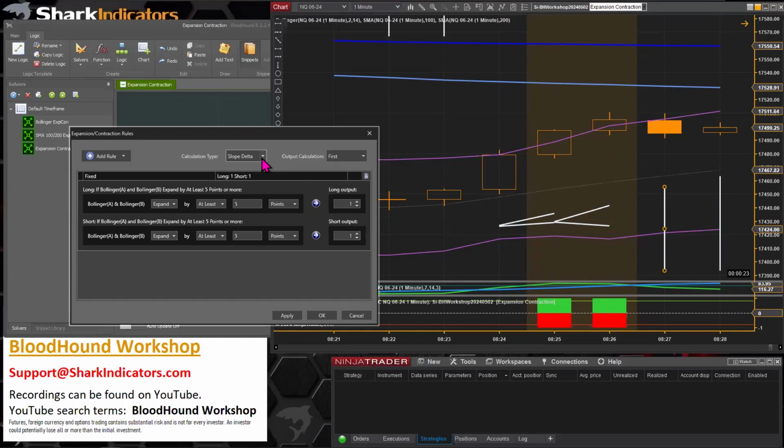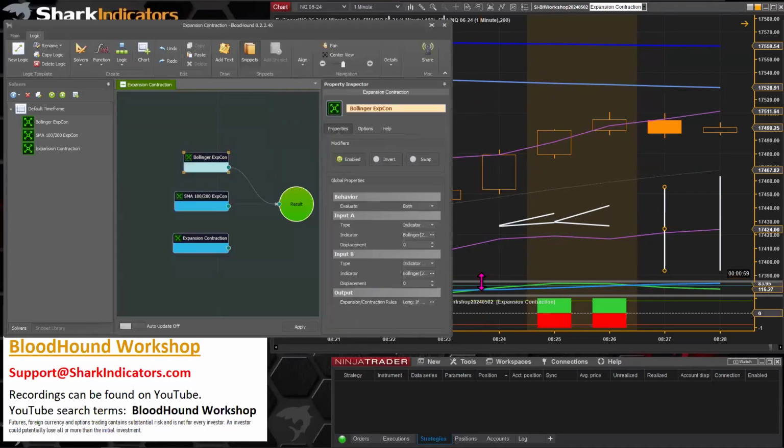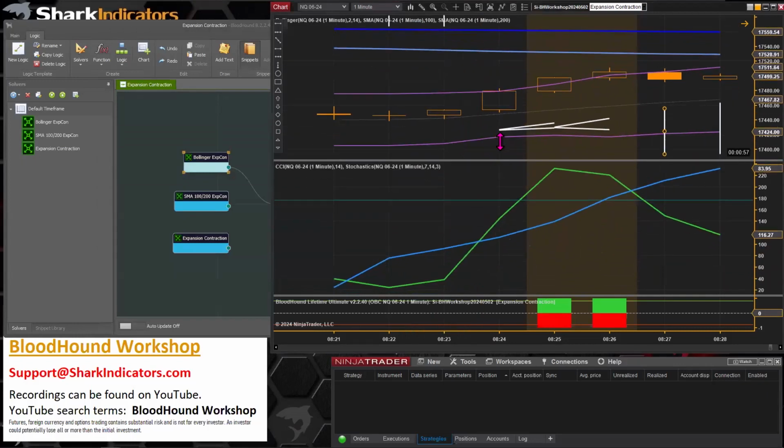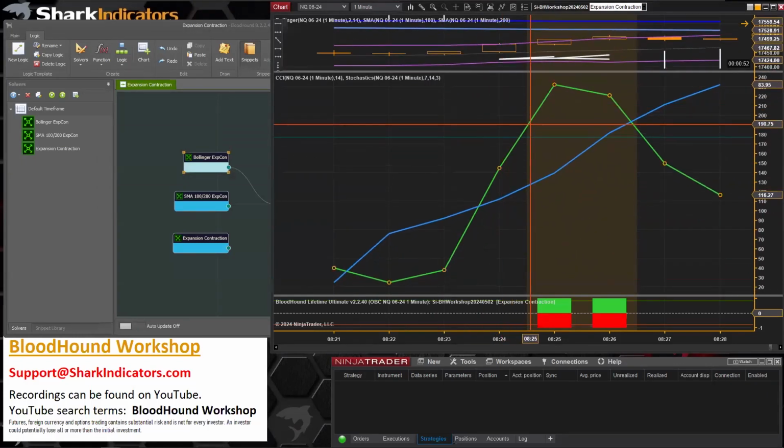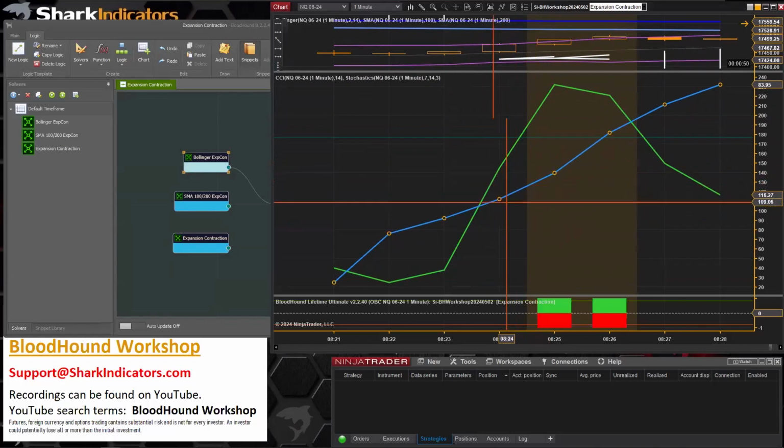Let's see here, the slope delta. I don't have a good example of what indicators the slope delta would be used for, but I'll go back to this bad example where you've got 2 indicators overlaid on top of each other.